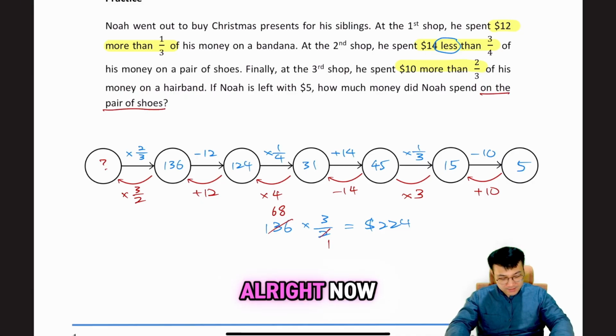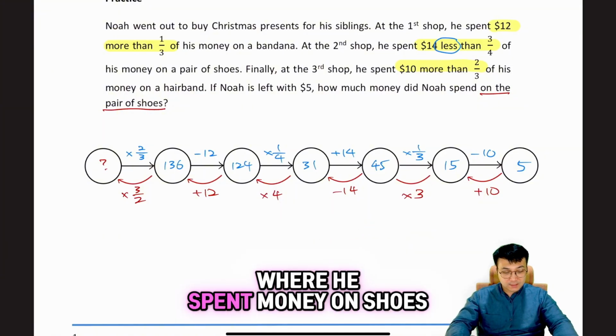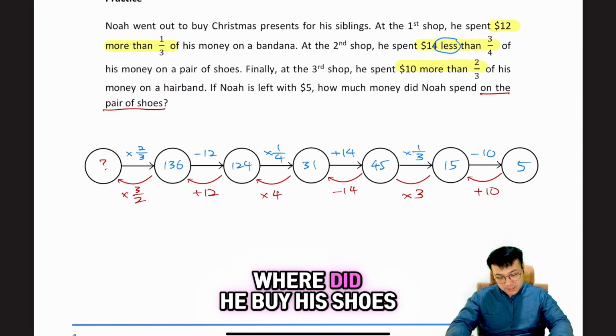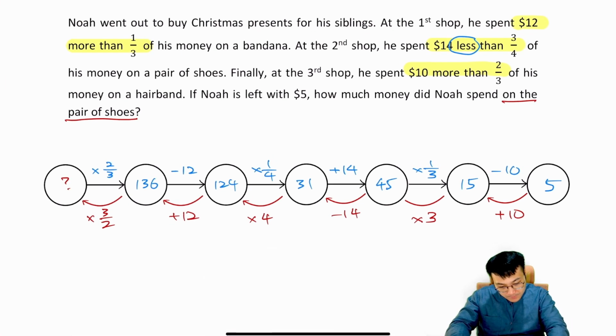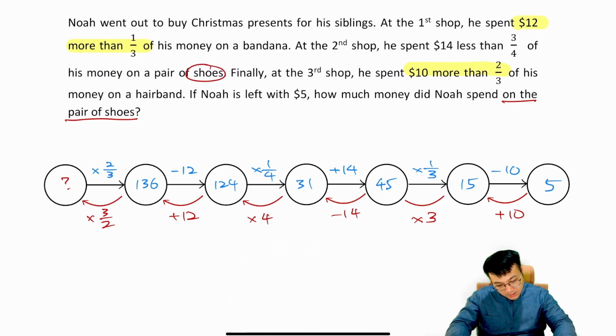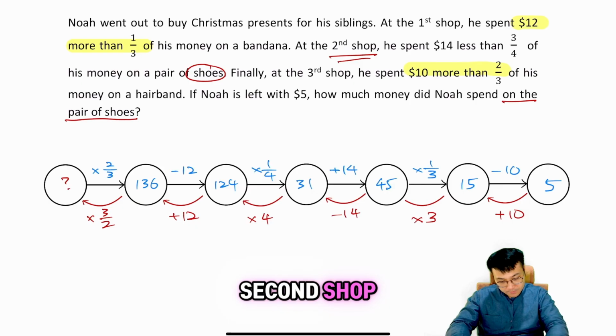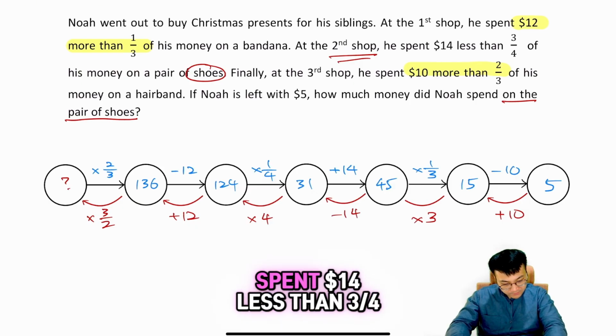All right. Now we'll have to investigate where he spent money on shoes. Where did he buy his shoes? Let's see, a pair of shoes. He spent it at the second shop. And at the second shop, what did he spend? He spent $14 less than 3/4.